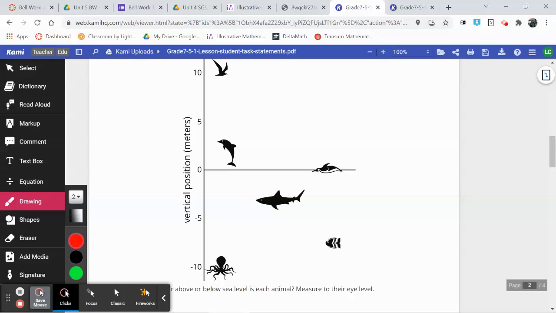So remember, 0 is sea level. Why is that important? Everything above sea level is positive. Everything below sea level is negative. Now we kind of got to put some lines there to make this easier, because it says how far above or below sea level is each animal measured to their eye level. So we got to get these lines about right. 1, 2, 3, 4.